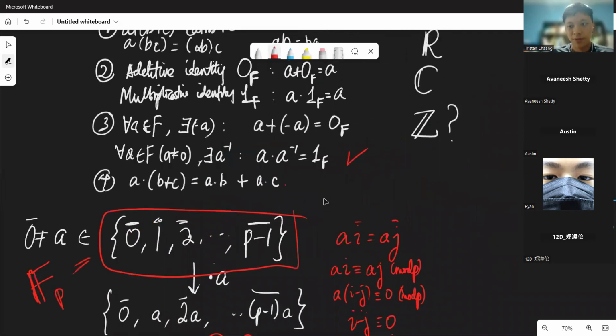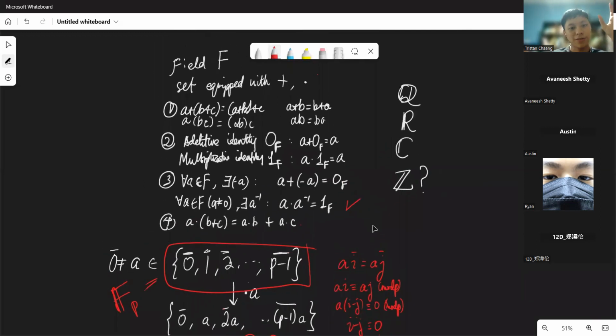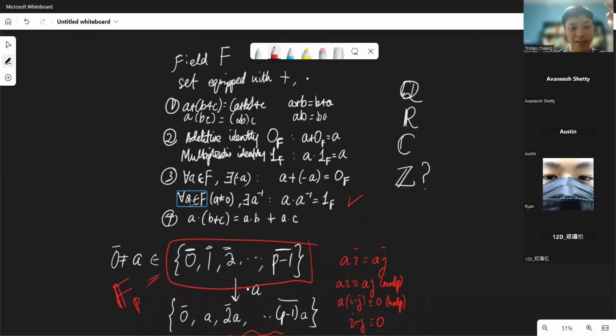Okay, so let's talk about the intuitive way of thinking about what a field is. Basically, a field is a set where we can add things, subtract things because of the existence of additive inverses, multiply things, and also divide things because of the existence of multiplicative inverses, except dividing by zero, because zero is not required to have a multiplicative inverse here.